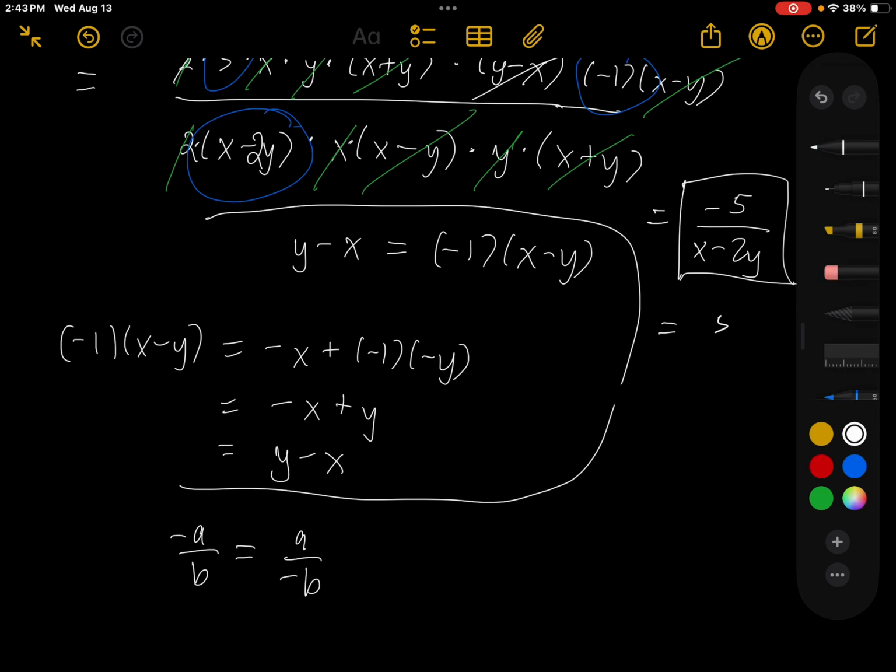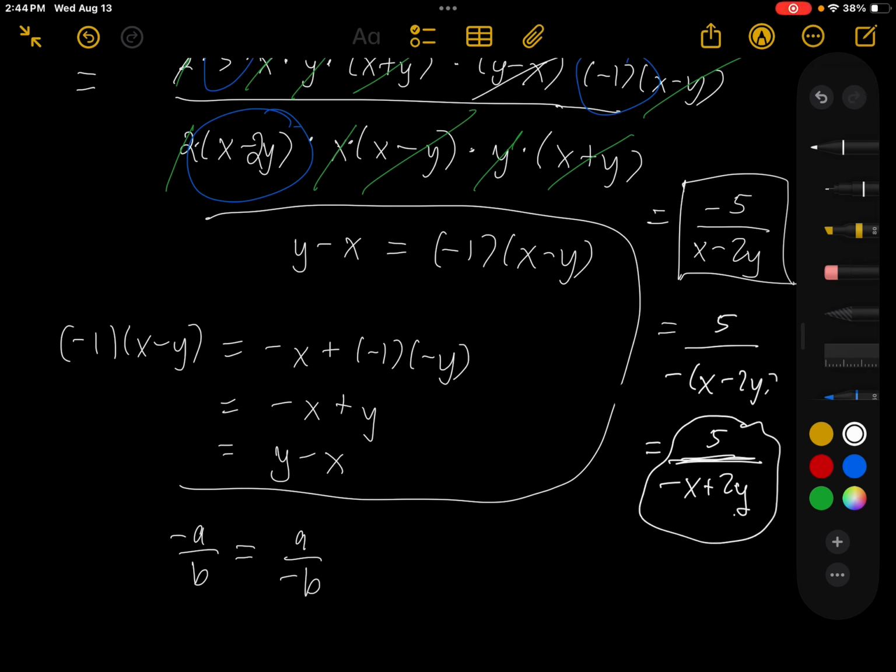I could write it as 5 over negative parentheses x minus 2y. That's the same as 5 over negative x plus 2y. So 5 over parentheses negative x plus 2y. I could have written it like this also. Either one is not more simplified than the other.